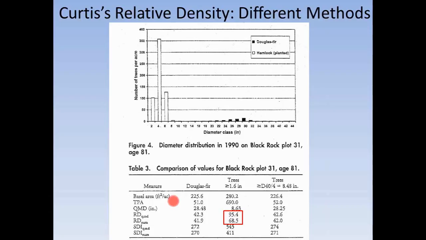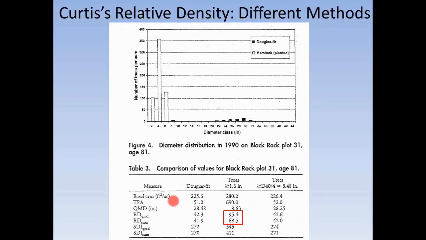Okay, I'm going to jump into some of these different methods. I talked about the summation method versus the average method. So the average method is basal area divided by QMD to the 0.5 power. The summation method takes each individual tree and adds them together.